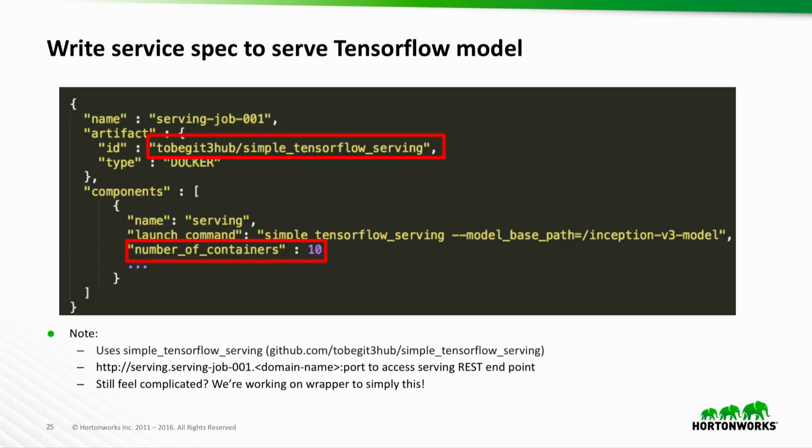This example uses a simple TensorFlow serving project. Compared to the original TensorFlow serving project, this one is very simple to use. Once the service is launched, Yarn will generate a DNS entry for this service, with the serving job and domain name and port. The other applications can use this endpoint to access the model.